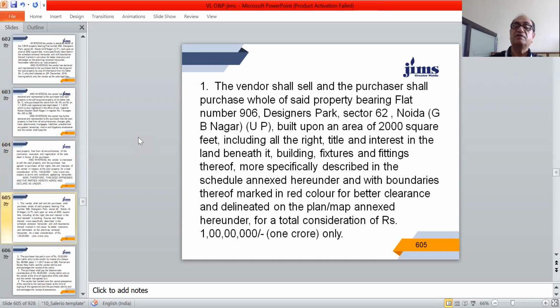Para number 1. Now this is the operative part of the agreement to sell.